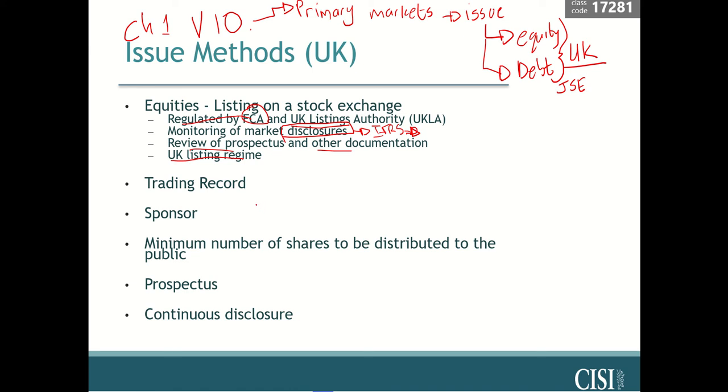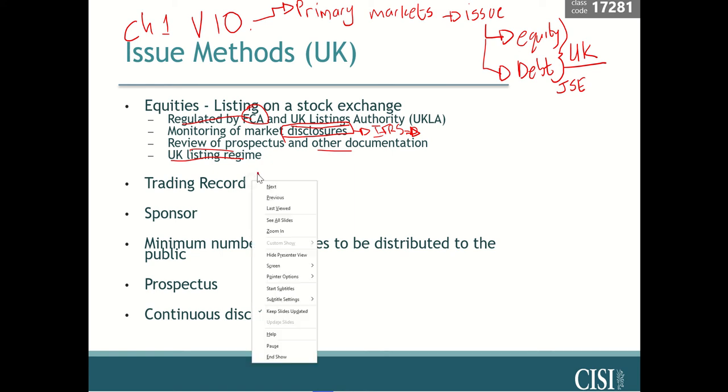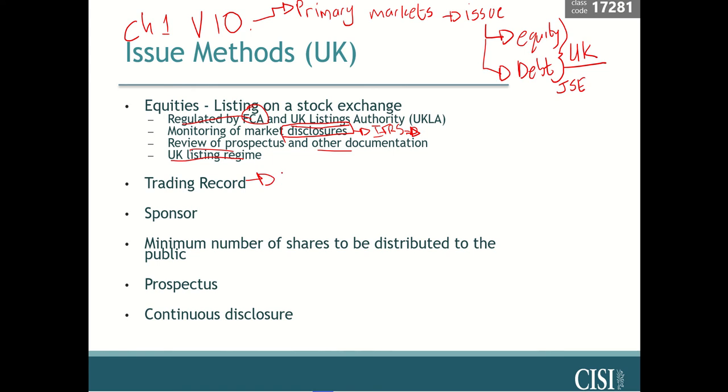So when applying for a listing, a company needs to have a trading record. Okay, so when they're talking about trading record, we're saying that they need to have financial statements for at least 3 years. Okay, they need to make a certain amount of profit, and they need to have a sponsor.